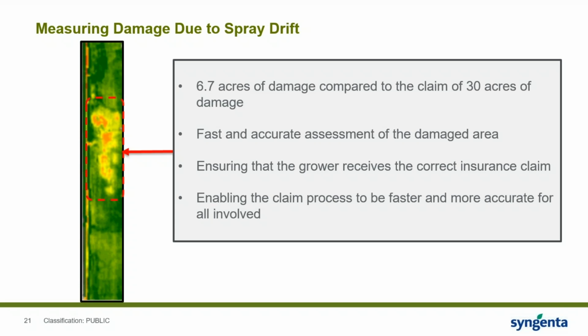What this enabled was to accurately measure the actual area, and it turned out to be 6.7 acres. This provides you with a fast and accurate way to measure that damaged area, and the correct claim is being made. This is just making a faster, more accurate process.